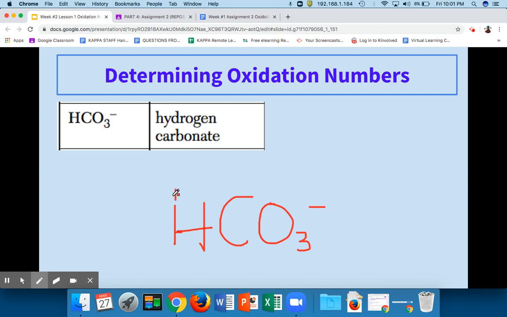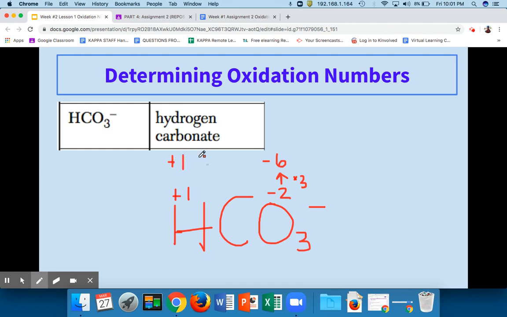Hydrogen always has a +1 unless it's with a metal, and then oxygen is a -2. Now, there are 3 oxygens, so we have to do what? We have to multiply this -2 by 3. So that gives us -6. And hydrogen remains as a +1.